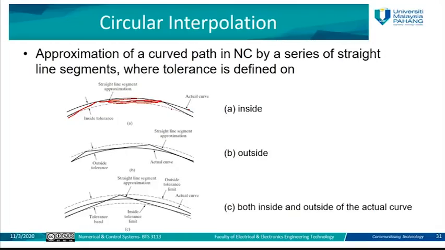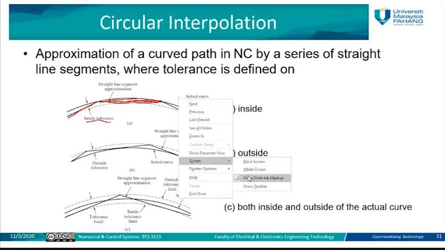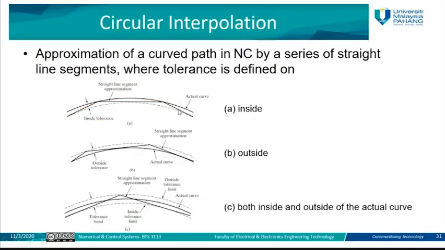And the difference between this dashed point and the actual point represents the inside tolerance. The inside tolerance here is caused by the difference between the actual curve and the curve that we draw by using the interpolator. Okay, so this is the case of inside tolerance.